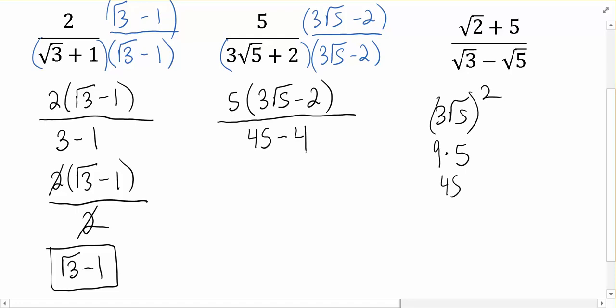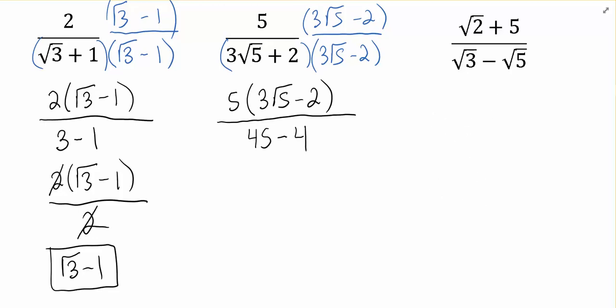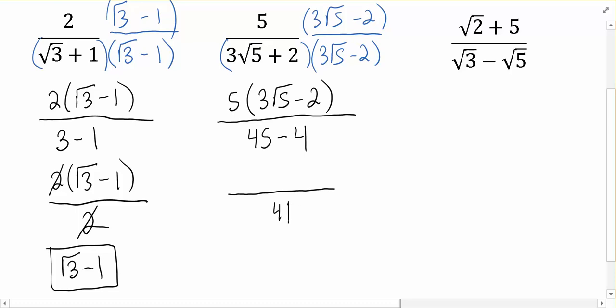My b squared, 2 squared, is just 4. Now I can do my subtraction of 45 minus 4, which is 41. At this point I can see that having that 5 out in front isn't helping me, so I would go ahead and distribute it and get 15 root 5 minus 10.